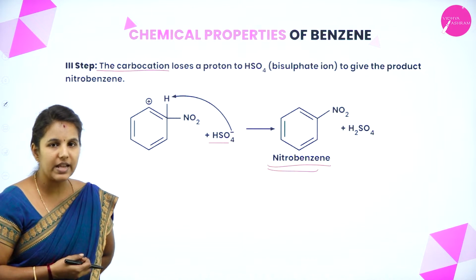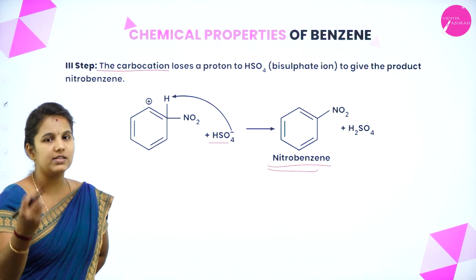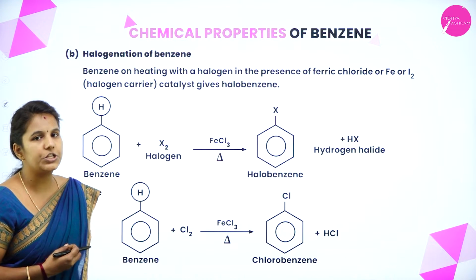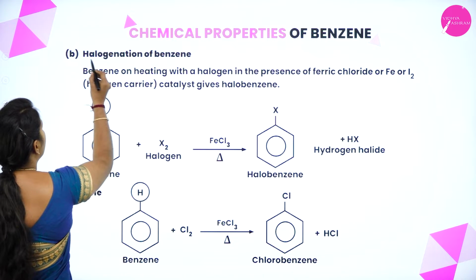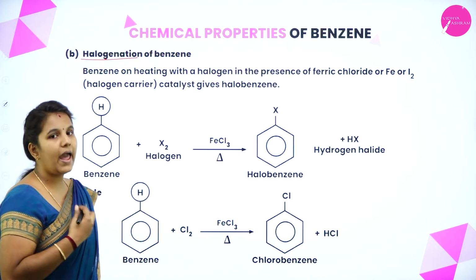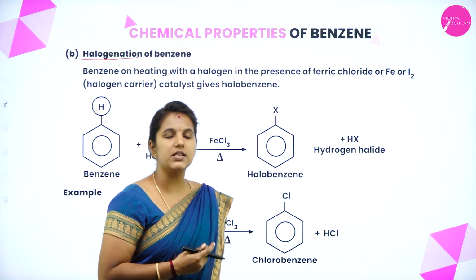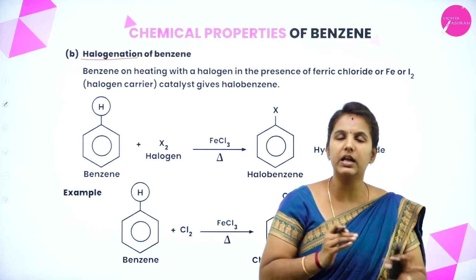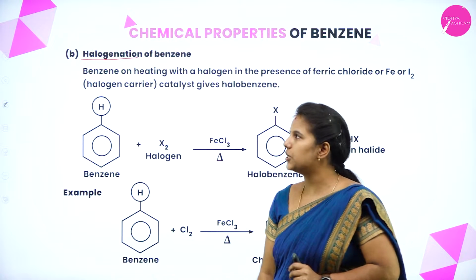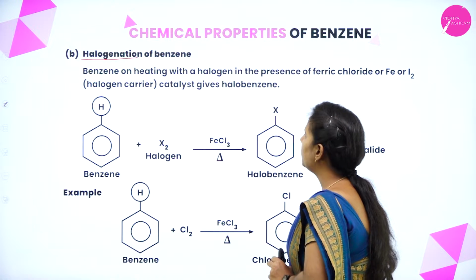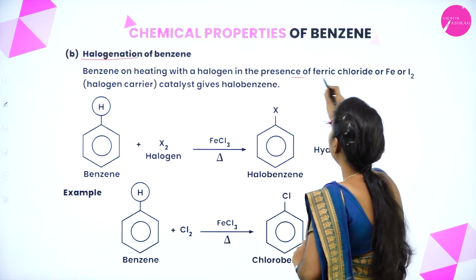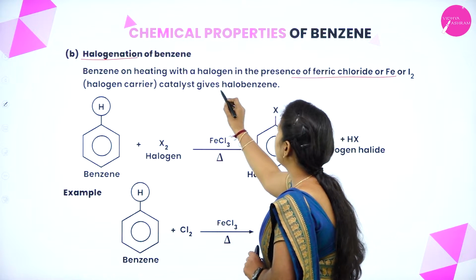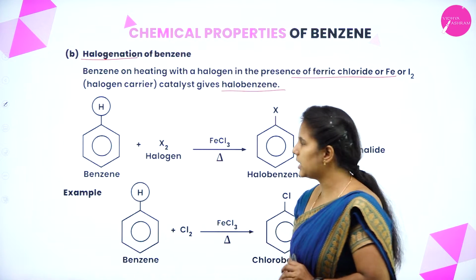We'll go with the second example of electrophilic substitution reaction by studying the halogenation of benzene. The word itself shows that it is halogenation. The process of addition of a halogen group to the benzene ring is known as halogenation. Benzene upon heating with a halogen in the presence of ferric chloride as a catalyst gives rise to halobenzene.